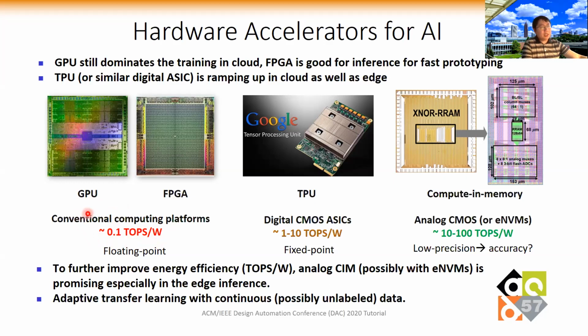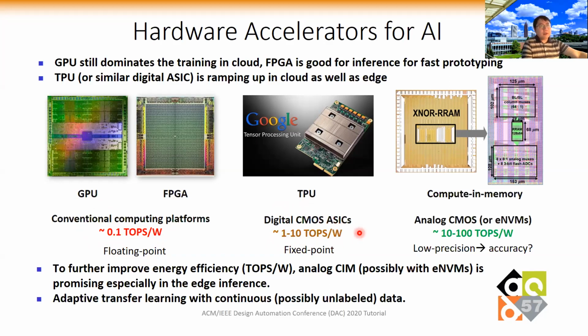But the GPU can support very accurate computation because it uses floating point precision. If you look at digital ASIC solutions such as TPU, they can improve the energy efficiency by at least one order of magnitude, to about 1 to 10 teraops per watt. And typically they employ fixed point computation, for example, 8-bit computation.